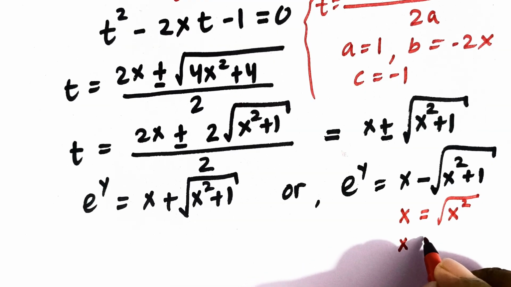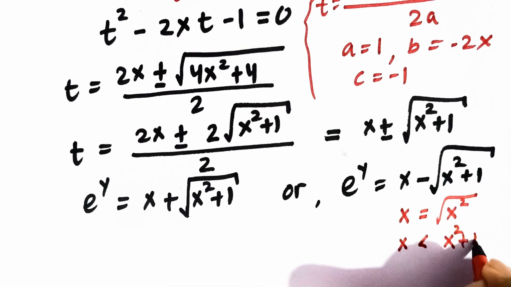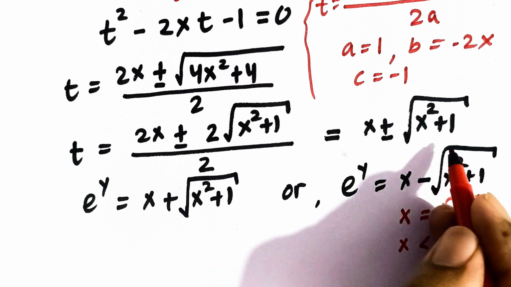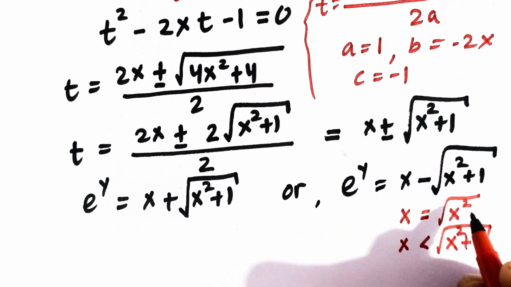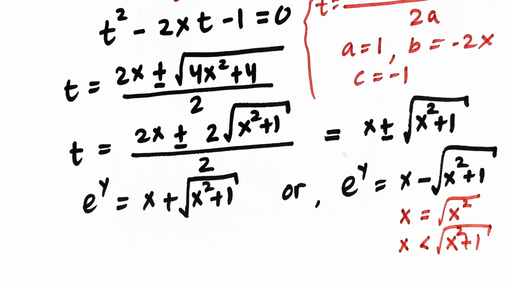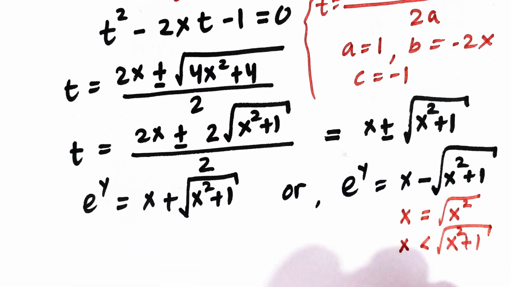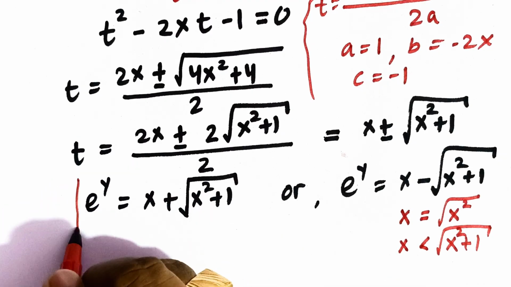If you add 1, then it becomes bigger. So this quantity is bigger than x. Therefore this is negative because you are taking out a bigger quantity from a smaller one. So e^y is negative on this side, which can never happen. Therefore our e^y is this one.